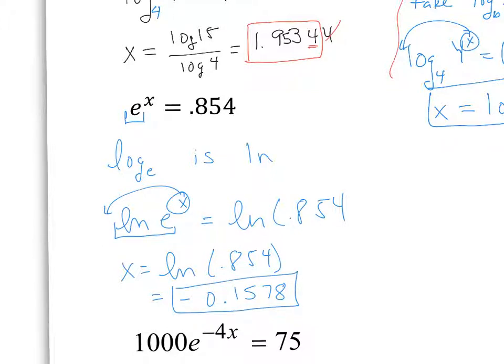You get exactly the same thing as if you change into log form. That is log base e, which is my natural log, of 0.854 is, oops, I ran out of room, so I'm just going to put my equals x over here. Both ways work.